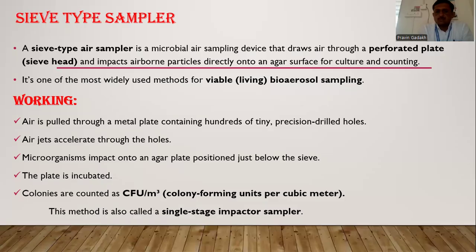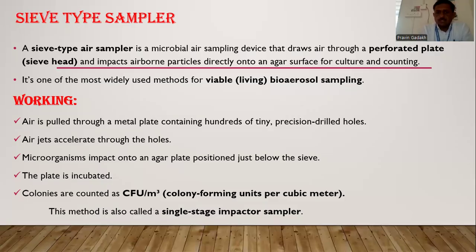Air jets accelerate through the holes. Microorganisms impact on the agar plate positioned just below the sieve, so as the air enters the container, the microorganisms present in the air get trapped on the surface of the agar plate, and as there is a nutritional medium, they start forming colonies on the surface of the agar plate.